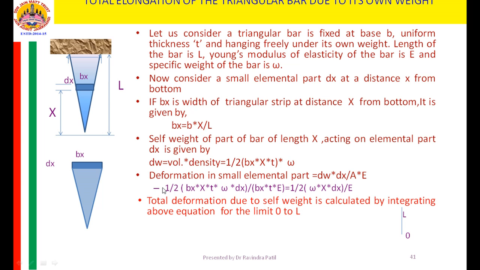This whole number is dw. The rest is easy for us. dx is the length, divided by what is the area? bx into t, A into E. So if you simplify the whole thing, what is left is half omega x into dx divided by E.